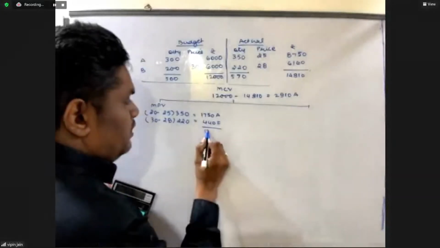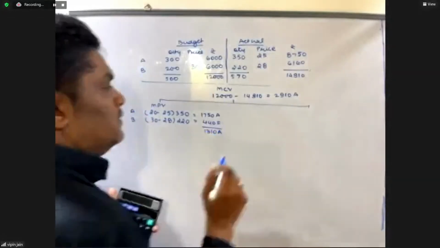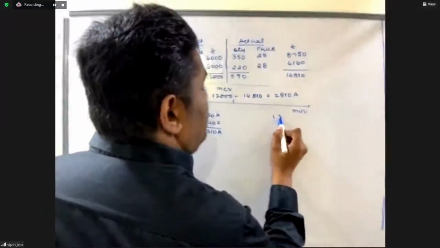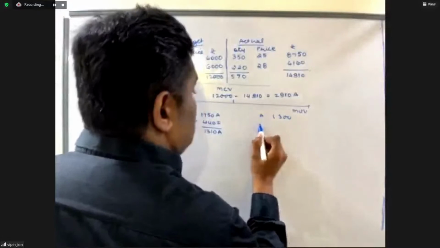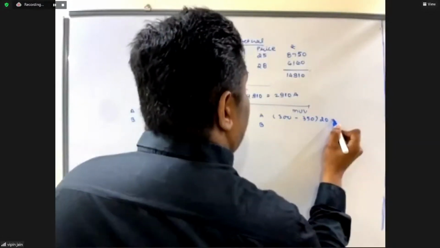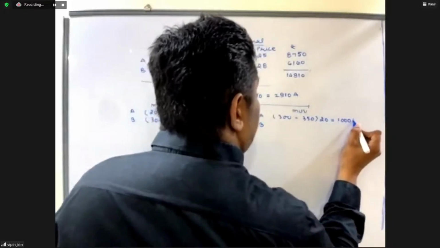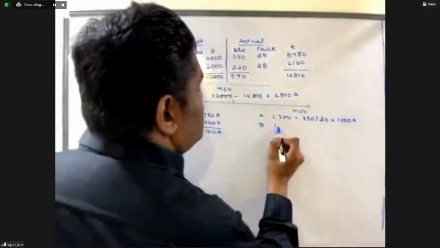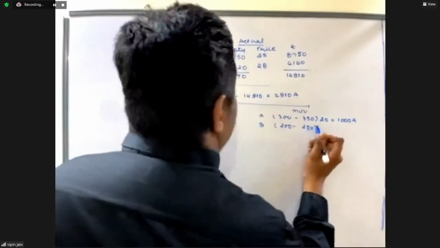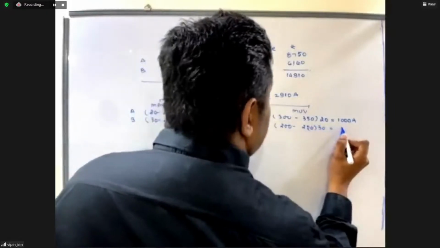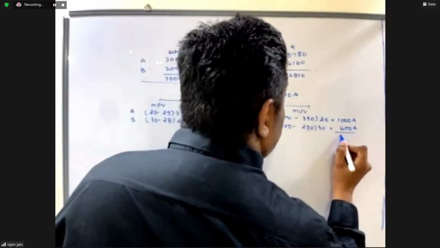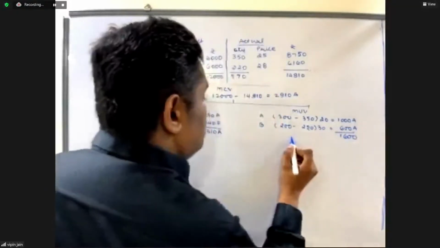So this will be 1310 adverse. When talking about material usage variance, again 300 we were supposed to use and we actually use 350 into 20. This will be 1000 adverse. Similarly, we were supposed to use 200 units, but we actually use 220 units into 30. So this is 600 adverse. So this will be 1600 adverse.